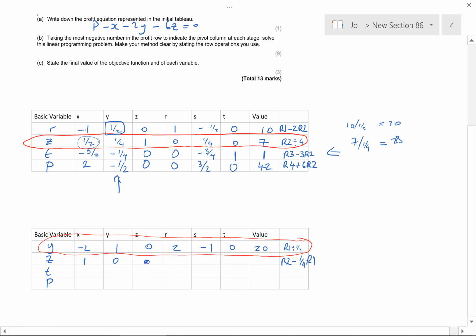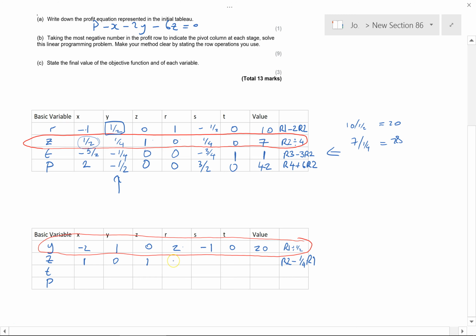So this number here is going to be equal to the 1 from before, take away a quarter times 0, so that's still 1. Okay. And this number here is equal to the 0 from before, take away a quarter times 2.